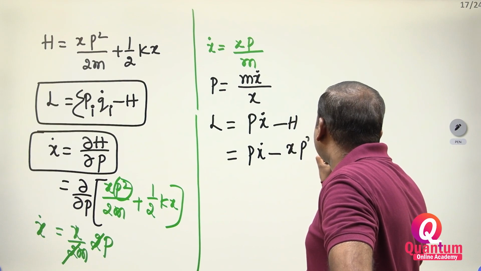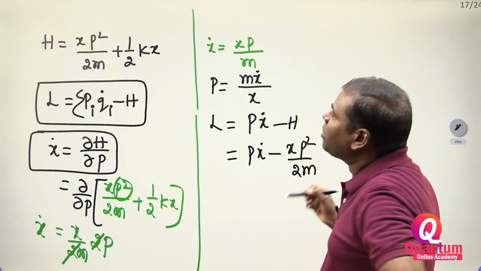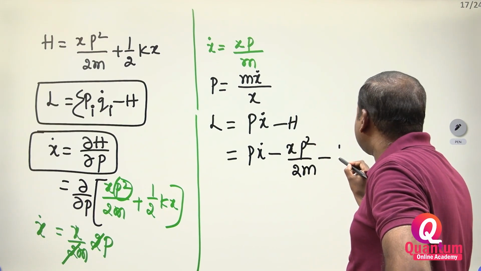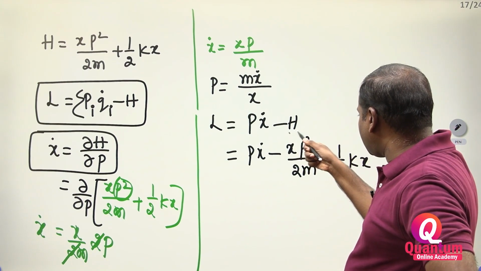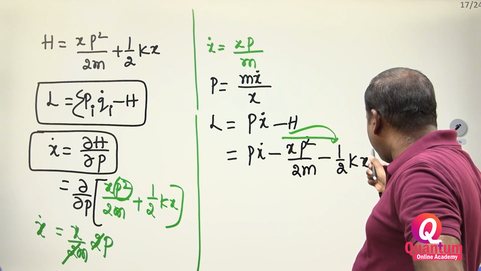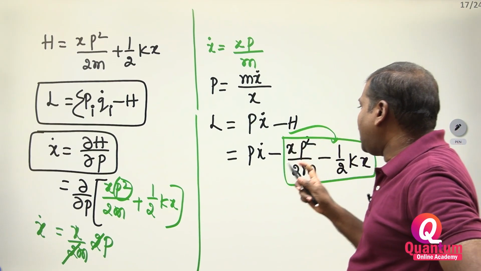H = p²/2m − 1/2 kx. This H value I am substituting. These two values I am taking from the H value.